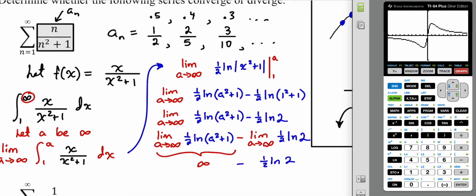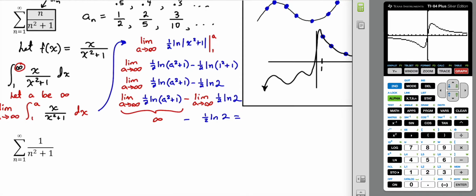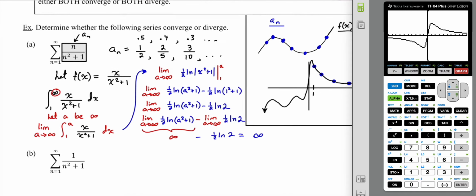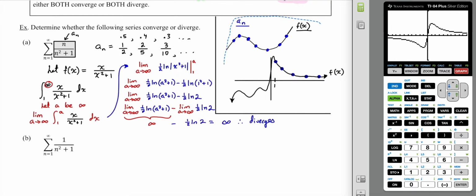So this is going to be infinity. So that limit is not converging on anything.